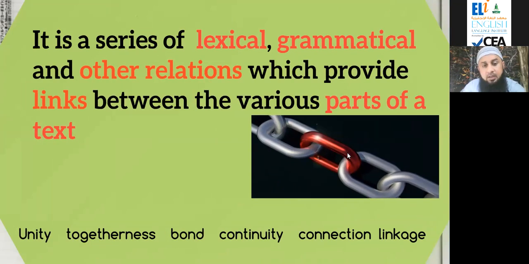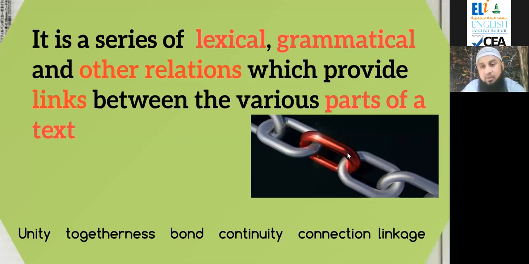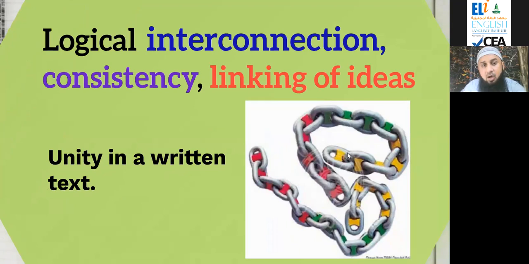And it is a bond, continuity, something that makes text thicker, look better. So these expressions or cohesive devices help in togetherness or logical interconnection, consistency, linking of ideas, unity in a written text. This is what coherence is.